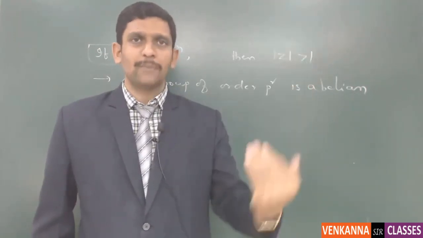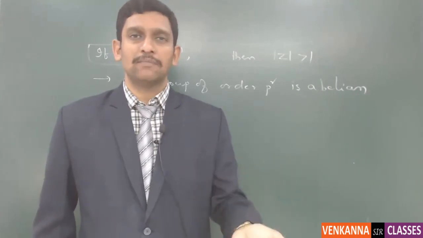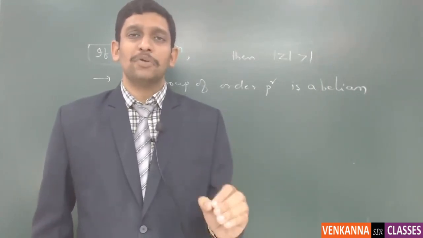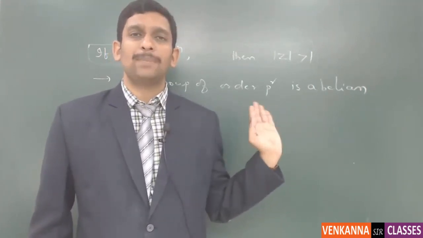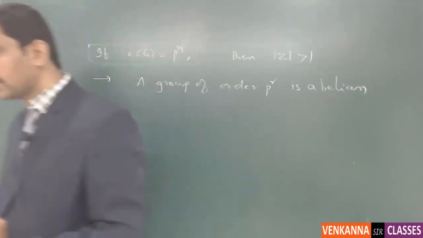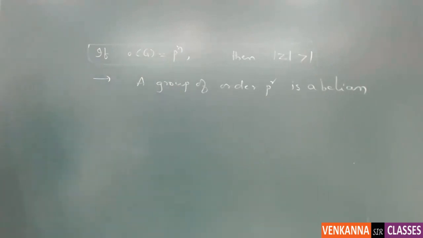Then we start a process and we will get a contradiction. Therefore, our supposition must be wrong. Hence, we confirm that a group of order P square is abelian. Okay? The ideology?